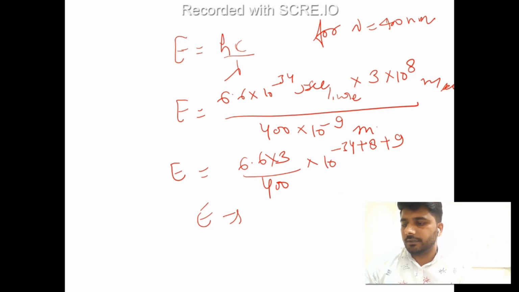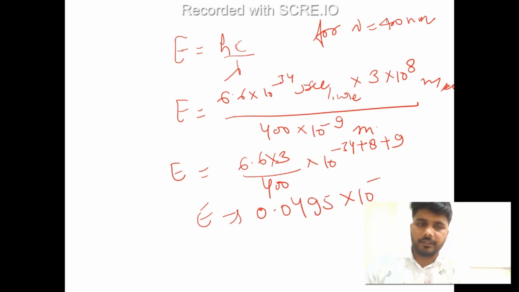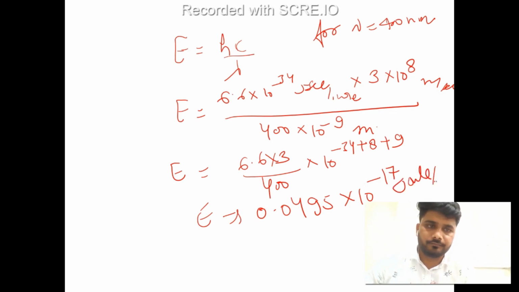Let me use the calculator. That gives 0.0495 times 10 raised to minus 17 joule per mole, you can say.